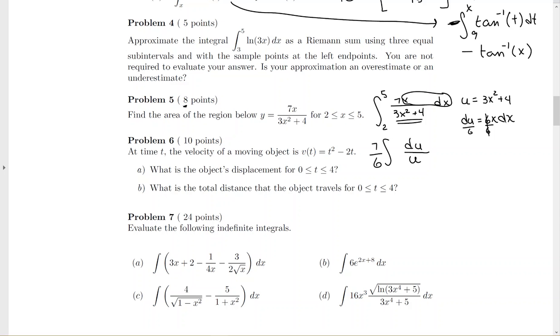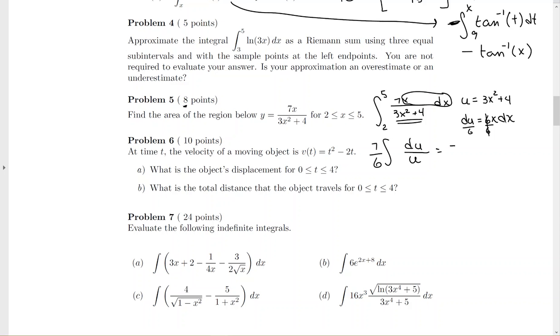So then you're going to integrate du over u, which I believe is, isn't that the natural log of u? I think so. I'm looking real quick. Yeah.